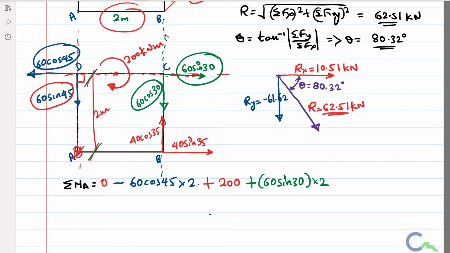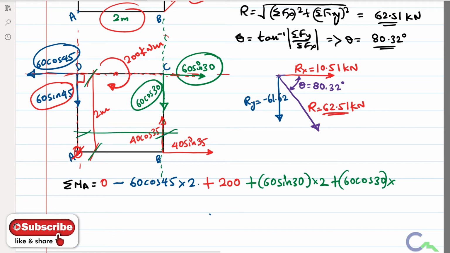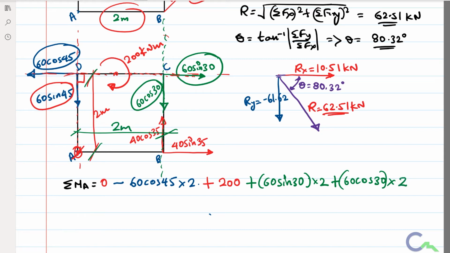Therefore that component is plus, 60 cos 30 into the perpendicular distance, 2 meter into 2. Now I'm going to consider the horizontal component, 40 sine 30. If I shift that force along its line of action, it is passing through A. That means it is not going to rotate about point A.